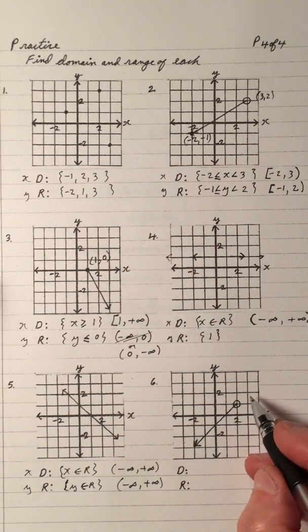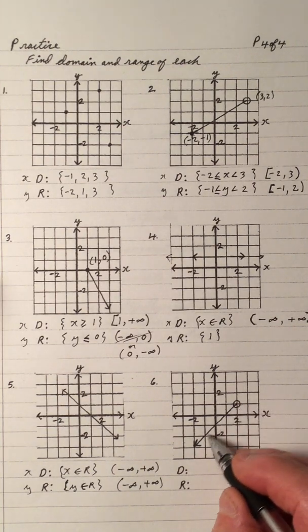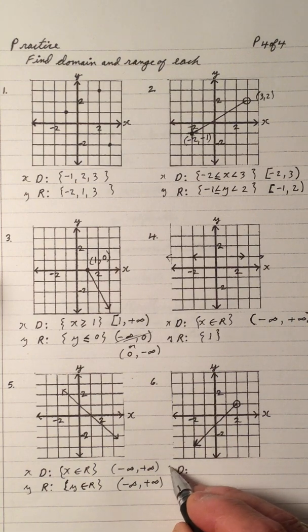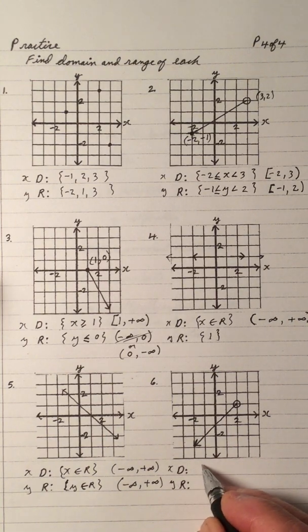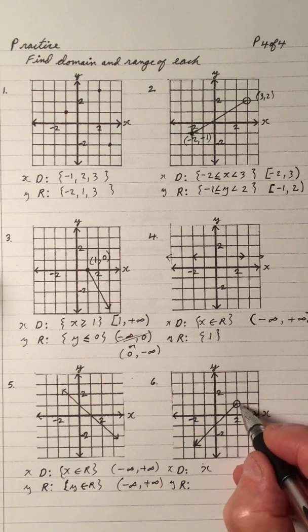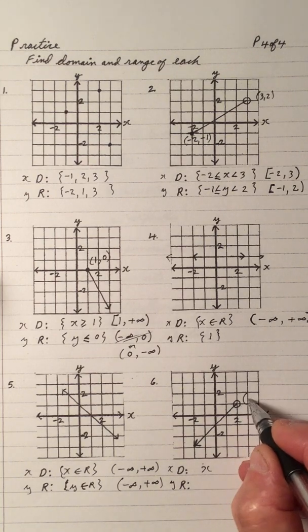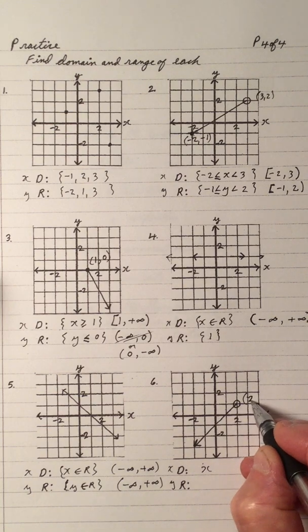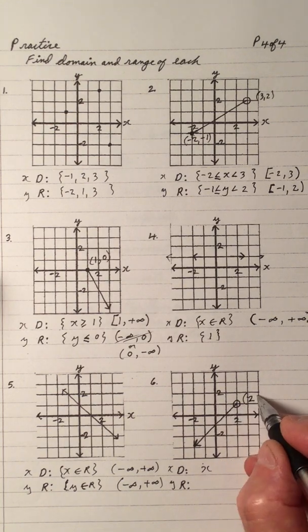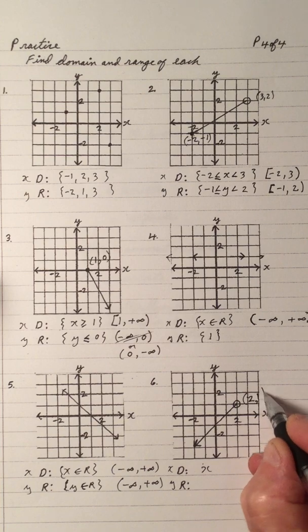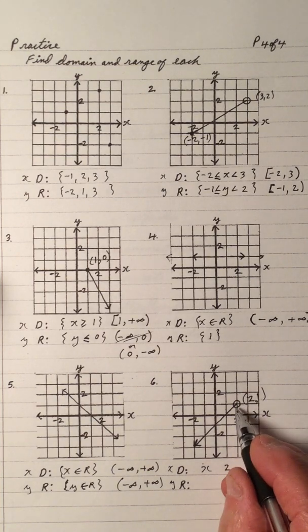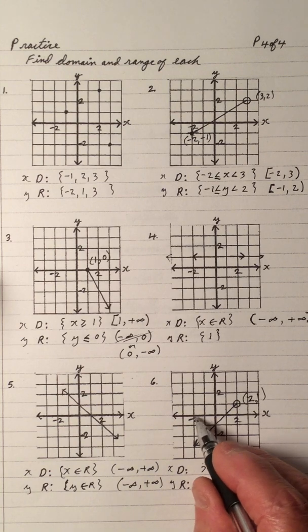Okay, number 6, we have a ray, so it's going in one direction. What direction? Let's see. Domain is x, range is y. Domain is x, so the axis, this point here is 0, this point here, x is 2, and y is 1. So the x is starting at 2, and the x's are going to the left.